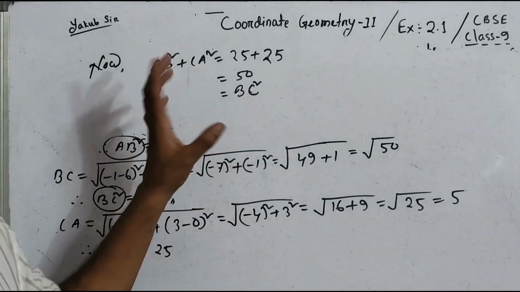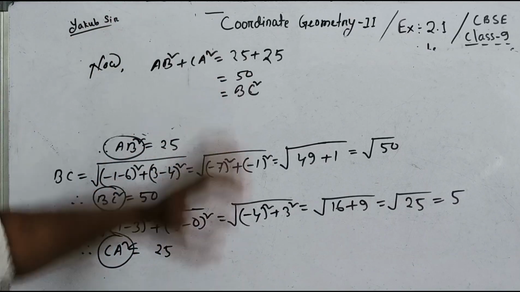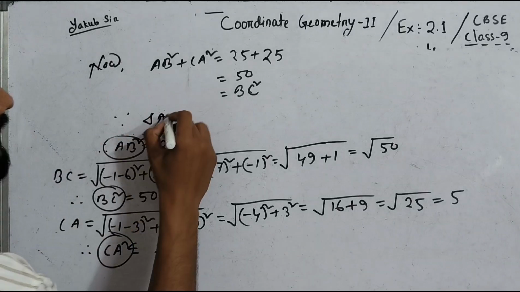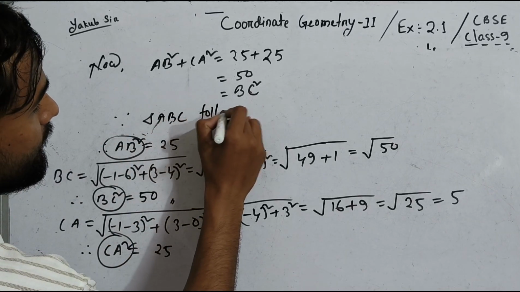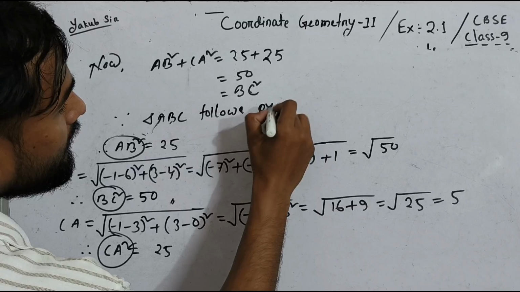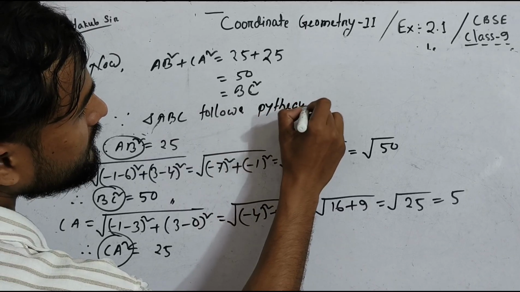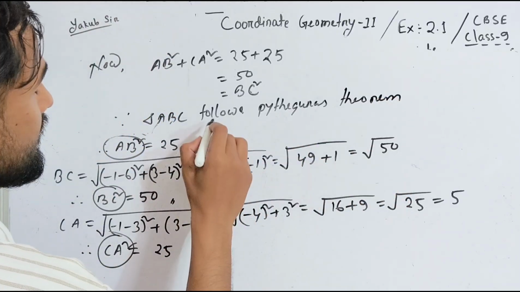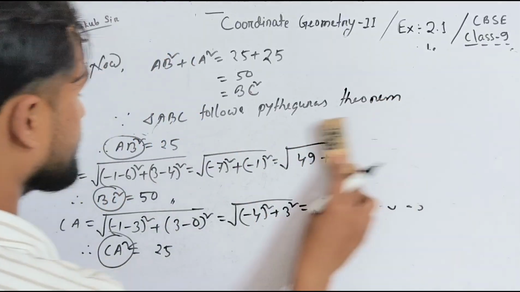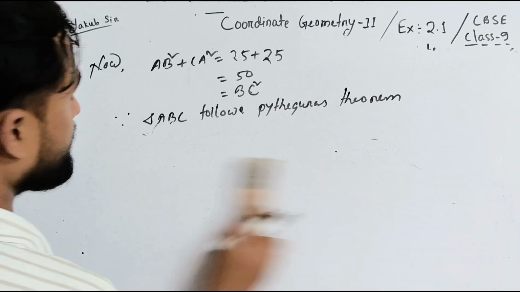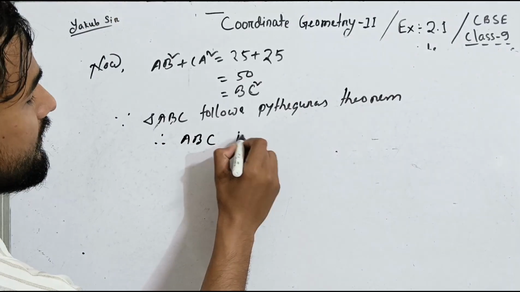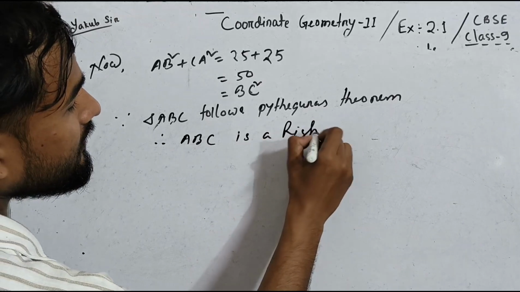Since triangle ABC follows the Pythagoras theorem, therefore ABC is a right angle triangle.